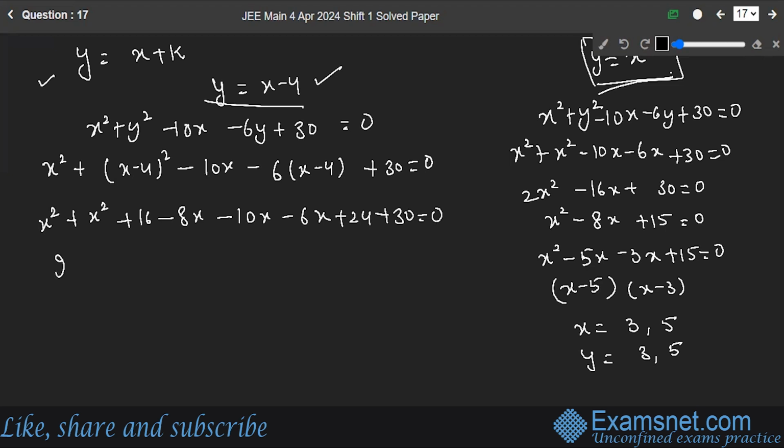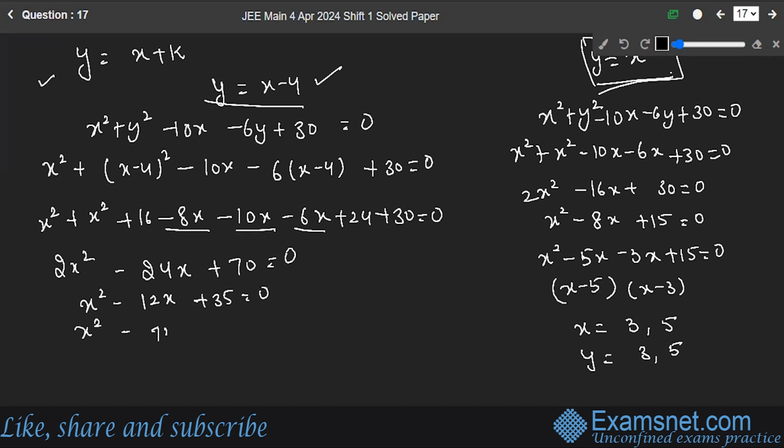This will give me 2x square minus 18x minus 24x, and this will be plus 70 is equal to 0. Or x square minus 12x plus 35 is equal to 0.